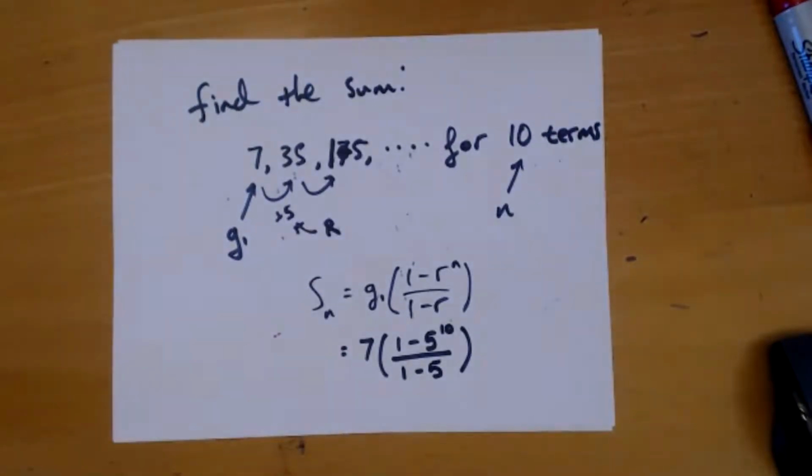Now, some of these you can do without a heck of a lot of pain, okay? But 5 to the 10th, that's pretty darn big. So this is where a calculator comes in nice and handy.